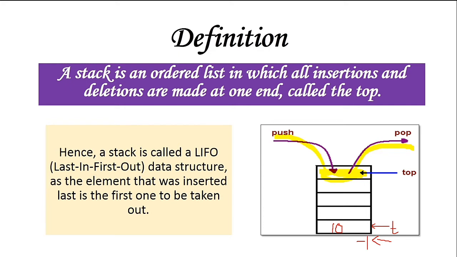Now you are going to insert the element 10 over to this position, right? Once again, if you have the element like 20, then increment top by 1, then insert the element to the next position. 20 will be inserted over here. Once again, if you want to insert 30, increment the top by 1 and insert the element to the next position.